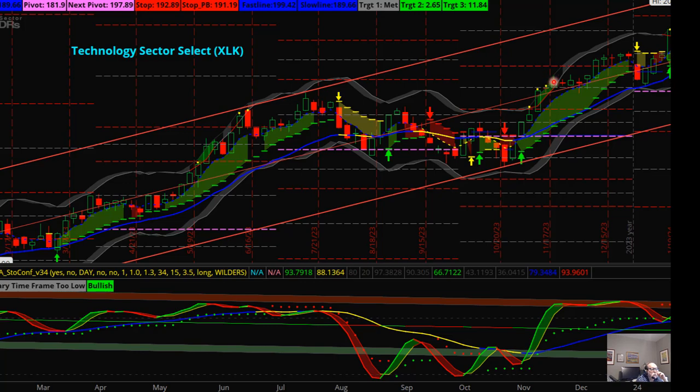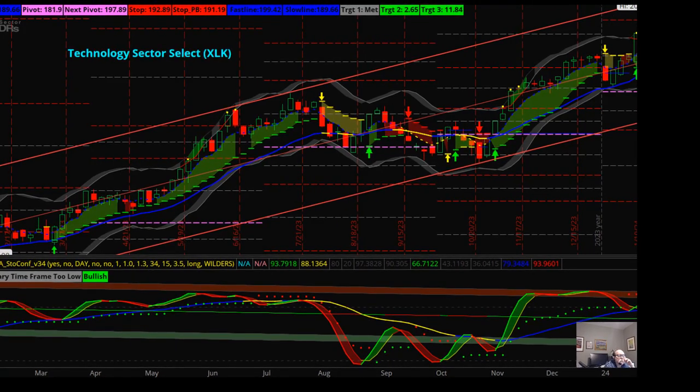Three weeks up above the Stark band, sideways, another push to the upside. We got stopped out here, but quickly back in. We don't necessarily follow these stop out things, so we've been long actually from right around October for investors. So we've been holding on to a long. Traders, we've been in and out.